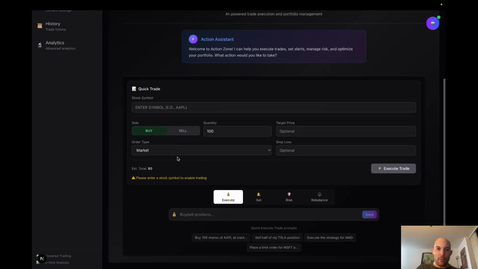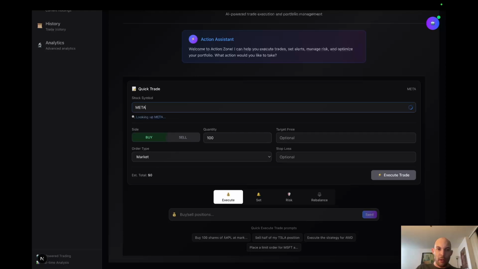Well, we'll do it anyways. It's 1%. So basically Meta's trading at 773. So the stop loss we'll just say is 1%, which will be $77. We'll just call it 700.